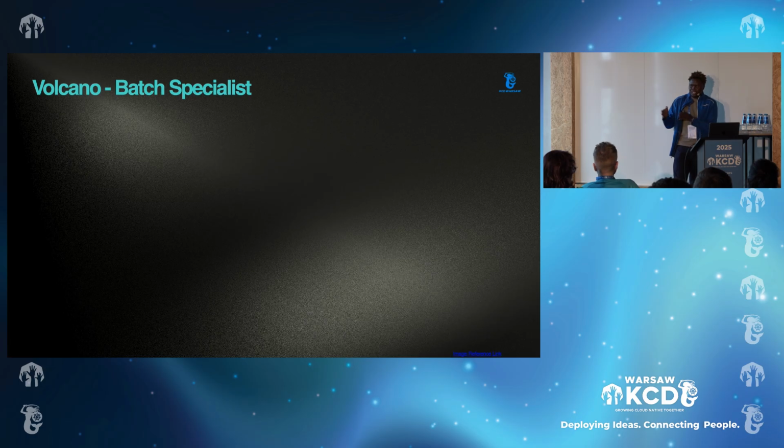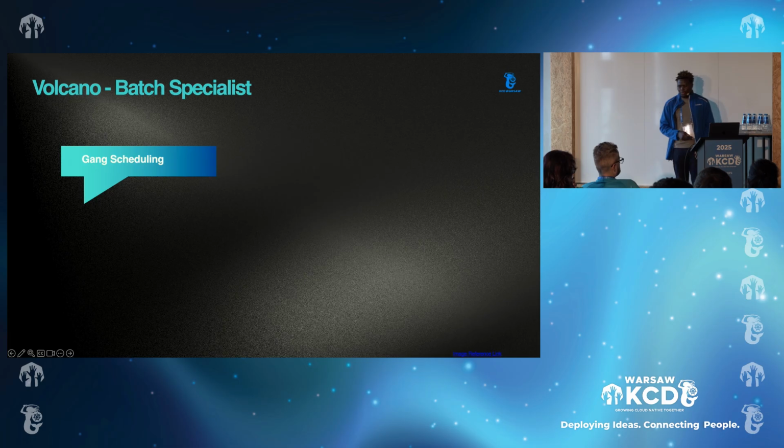This basically has other little component managers in it. For example, we have the queue controller manager, the pod group, and the Volcano job manager, which are responsible for managing the life cycle of the different custom resources provisioned by Volcano.